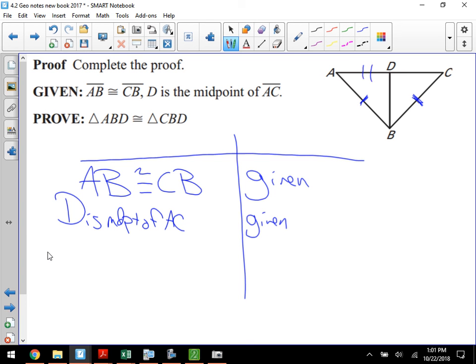Now, when I mark my diagram, since we're dealing with congruency for triangles, there's not going to be a lot of algebra stuff here, guys. So I'd say 95% of the time, you're just going to say segment congruent to segment. Or when we have angle bisectors, we'll do angle congruent to angle. Okay. So I would just write down, now that I marked my diagram, what two segments? Well, AD and DC.